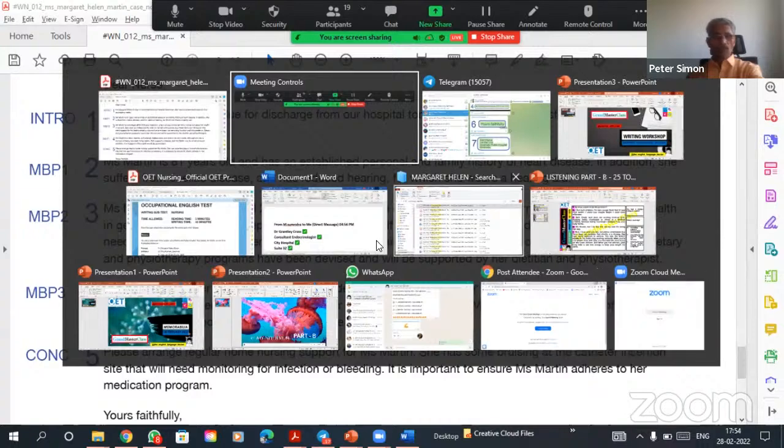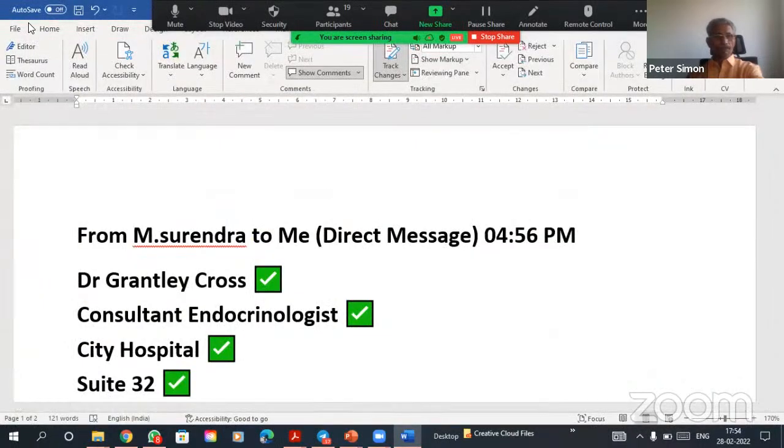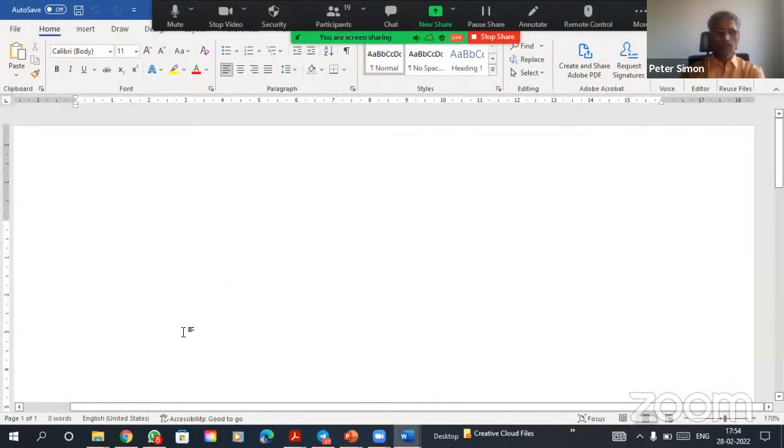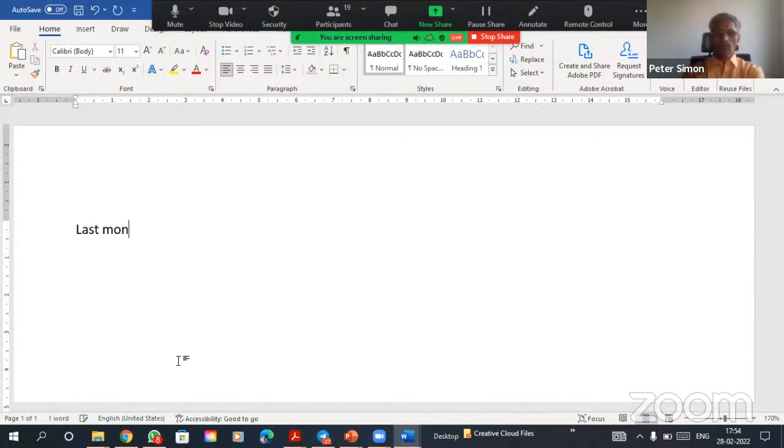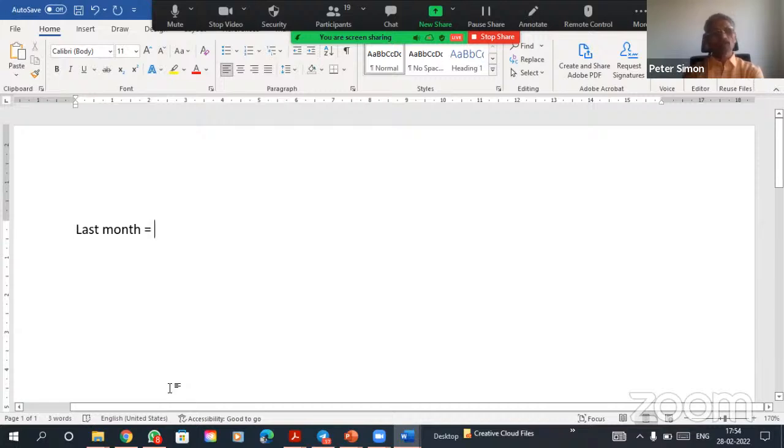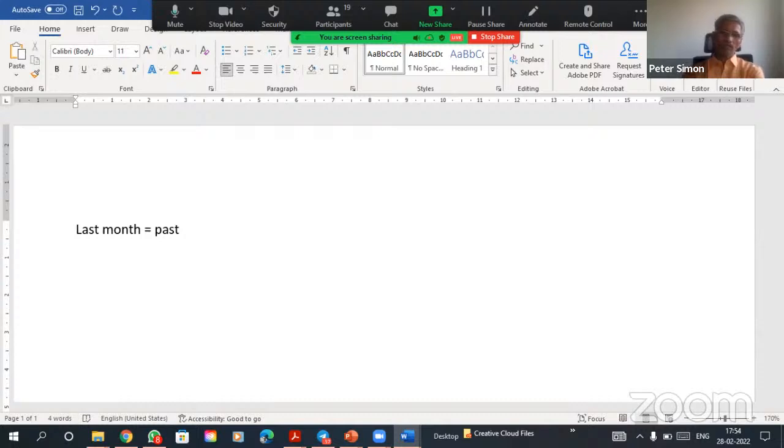There is this Word document. If you say last month, you should say past. Last month is past tense, simple past tense. If you say ago, then it is the same.